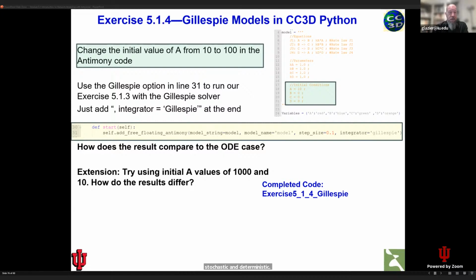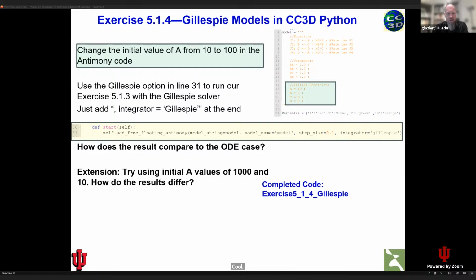It is possible to add noise to these systems with the ODE systems. I'm not going to be able to show you how to do that today, but if you're interested, just with a simple code like this, pretty cool already with the Gillespie. Gillespie is the standard one that people use at least to start with.